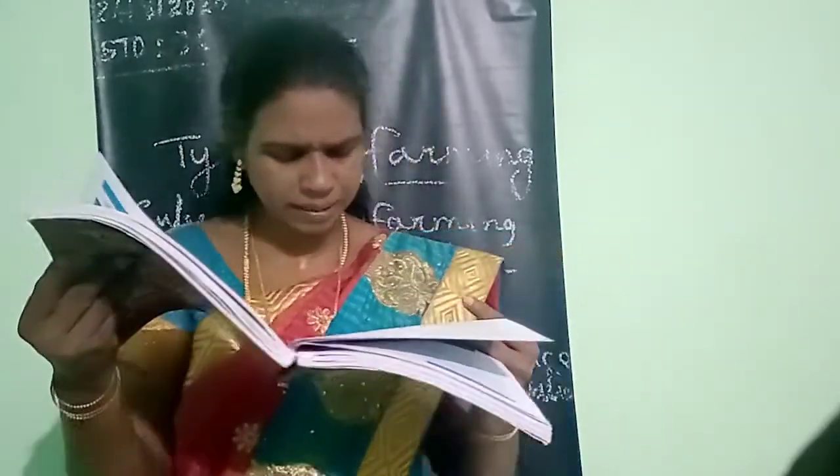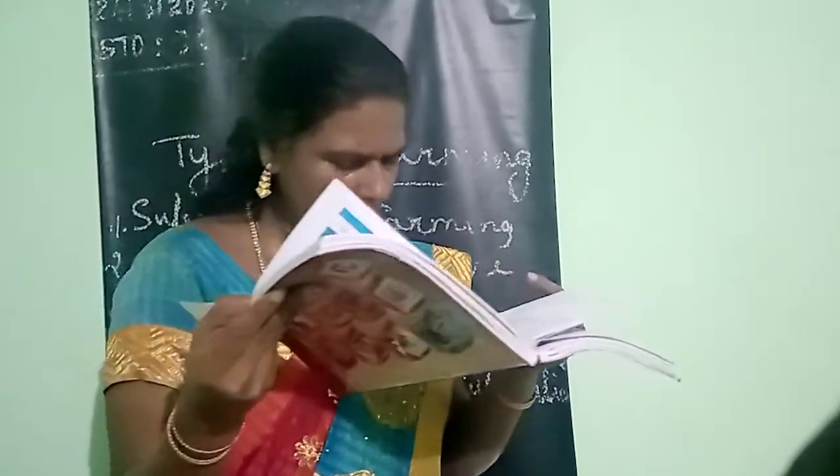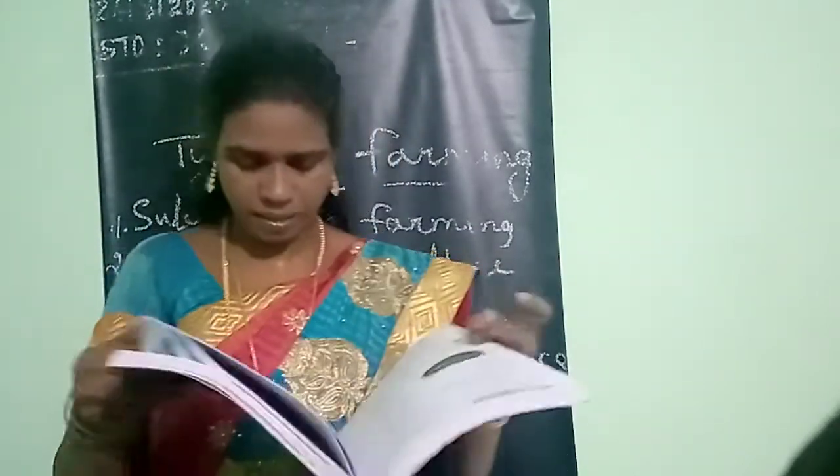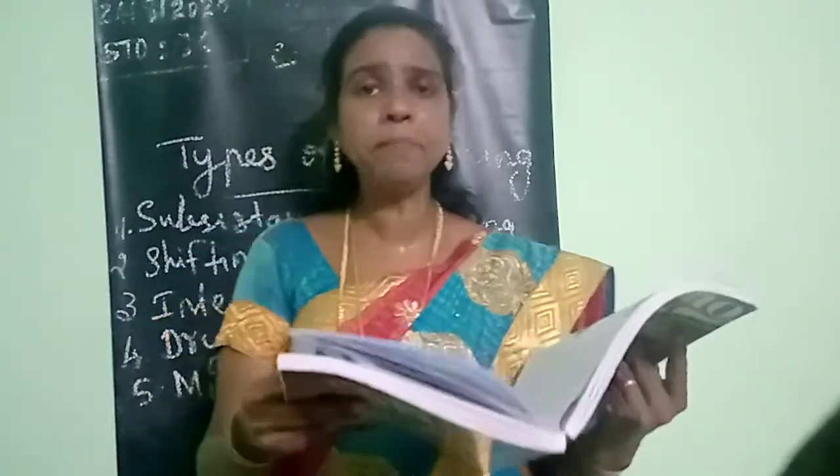Then the fifth question: State the types of agriculture practices in India. Page numbers 159 to 161, the types of farming headings. Six headings are given, six types.